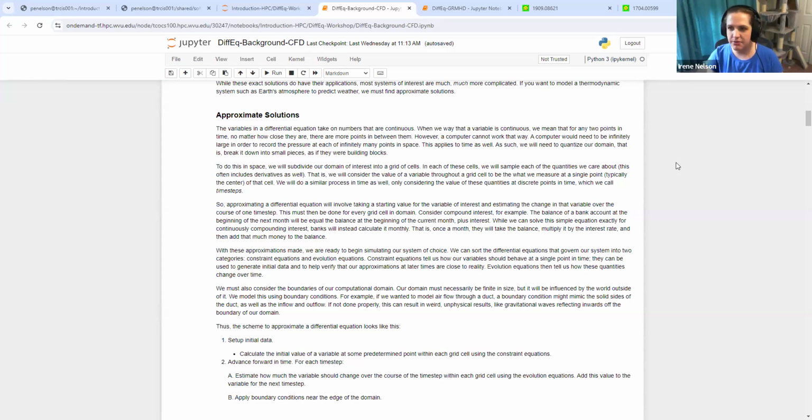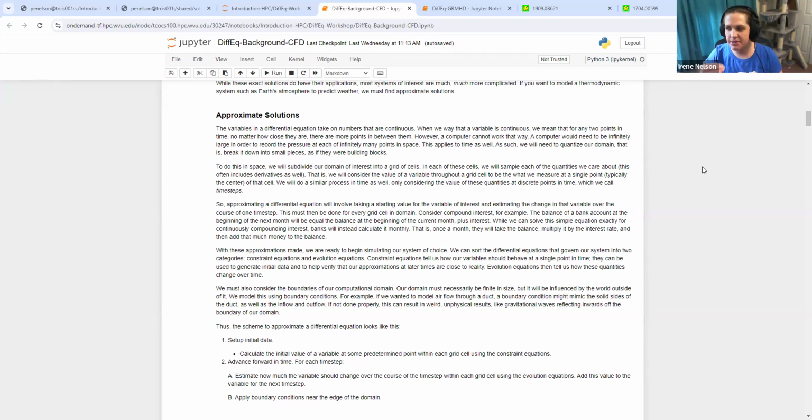The general scheme that we'll use to solve these equations on the computer will start from breaking up the computational domain, the extent of our system, into a grid of cells. And then we will be sampling the various quantities that we care about, which I'll also be calling grid functions at some points. We'll be sampling them within those cells.